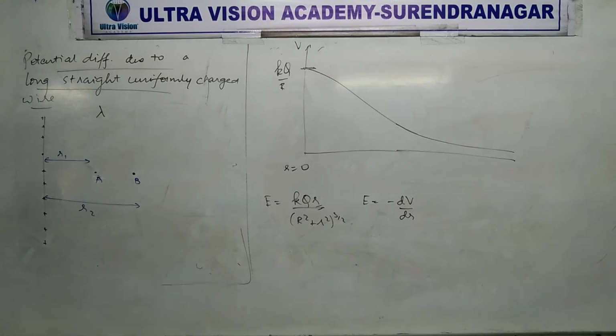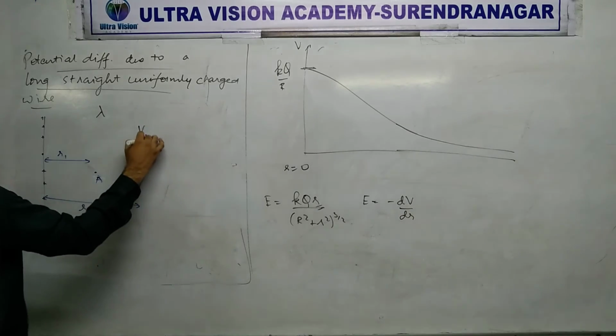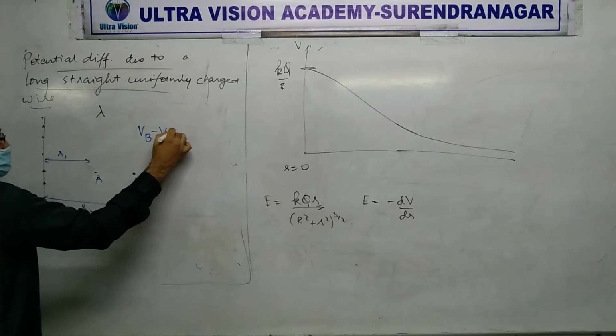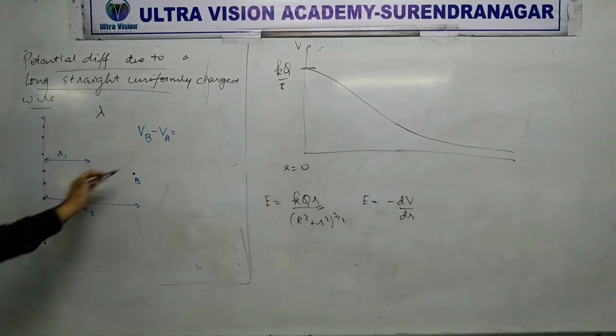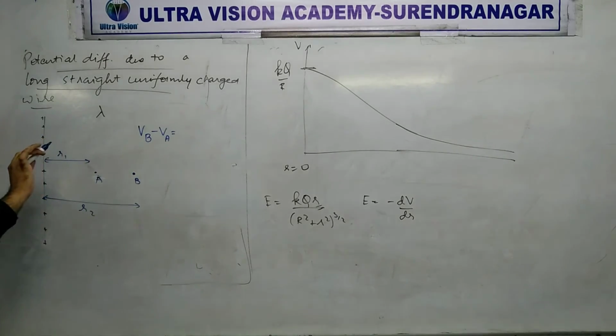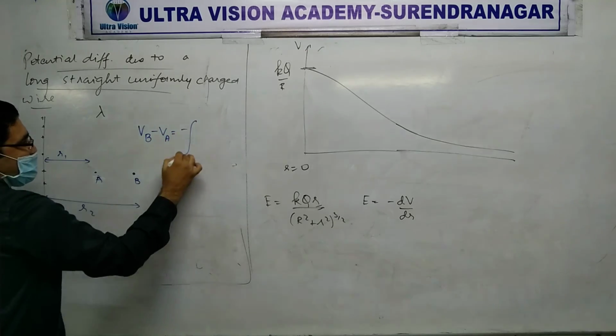Now we are going to find out what is VB minus VA. If the wire has positive charge, then the electric field will be directed away from the wire.